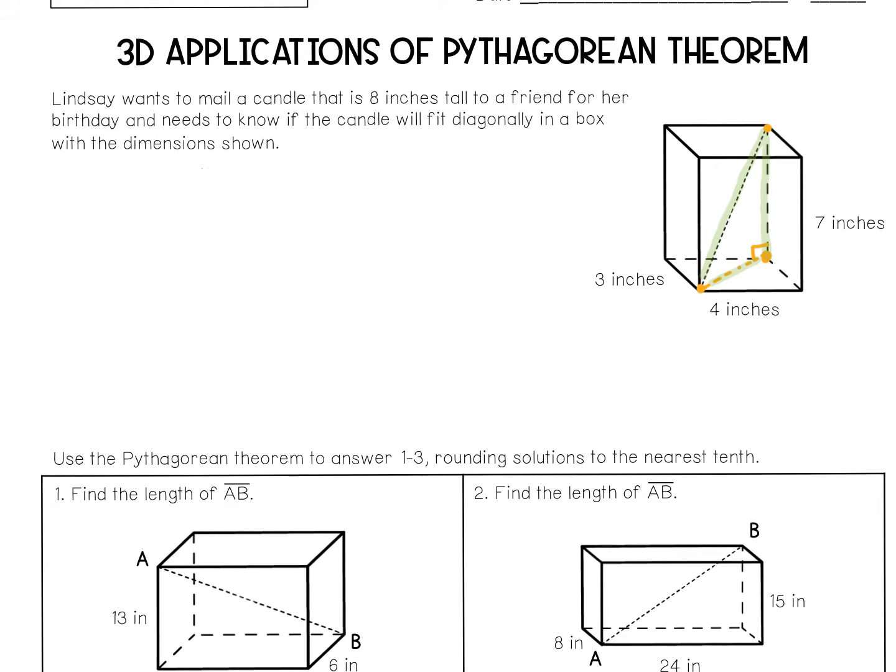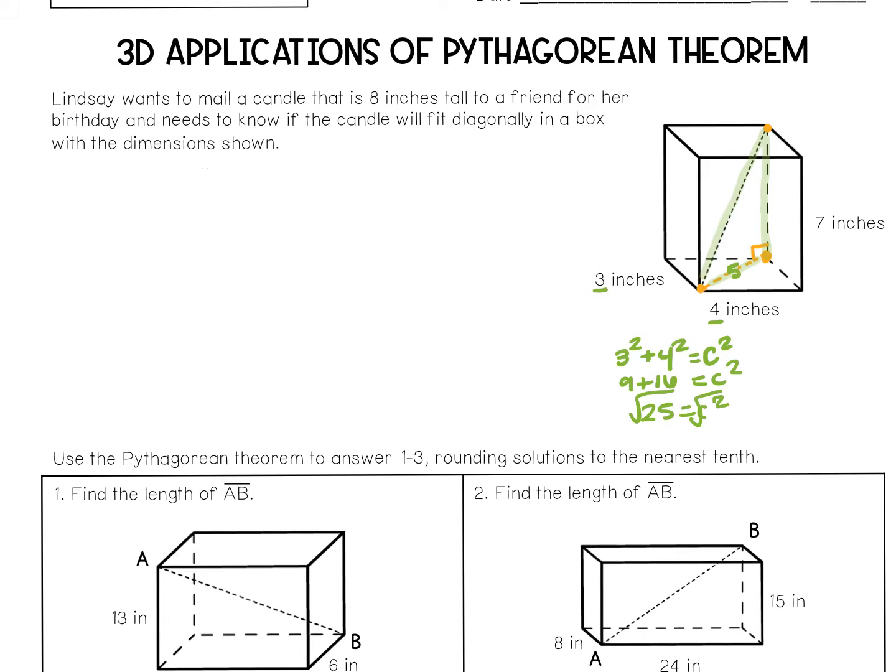In order to find this bottom leg, I would need to use the Pythagorean theorem to find the diagonal of the base, the bottom side of the box. The diagonal of the bottom side becomes that line that stretches across. 3, 4, and 5 are a Pythagorean triple, but 3 squared plus 4 squared equals c squared, and of course, the square root of 25 is 5.